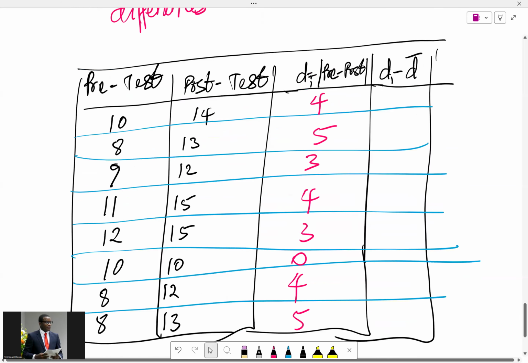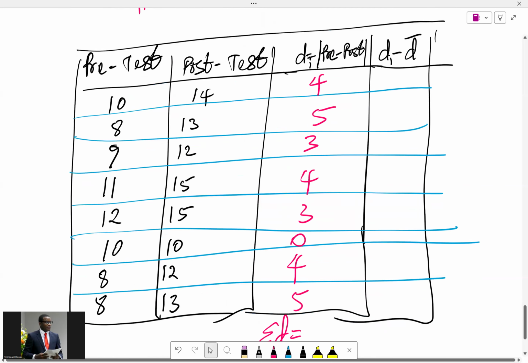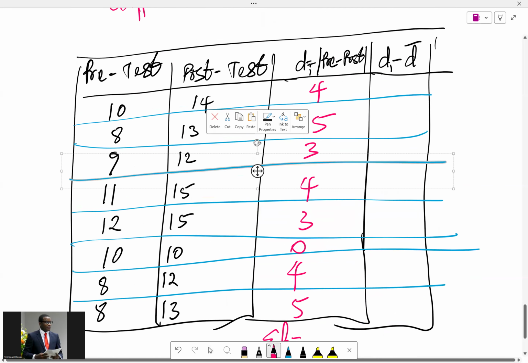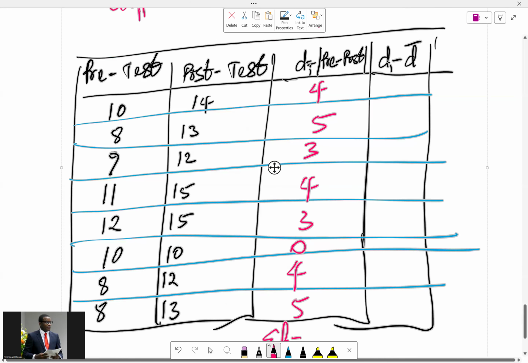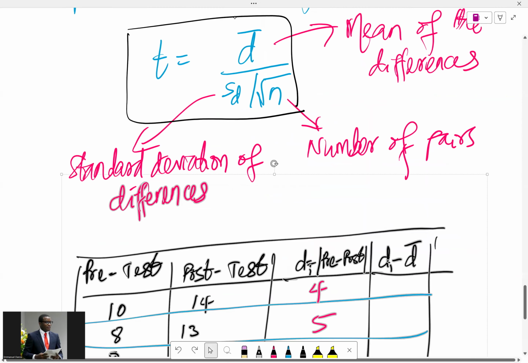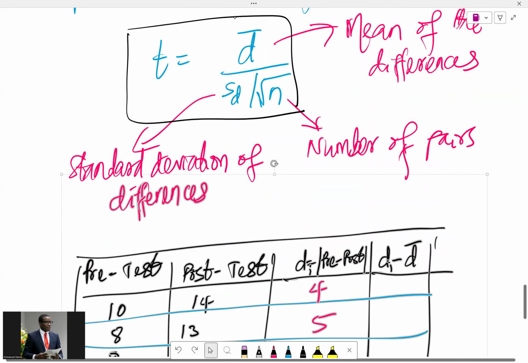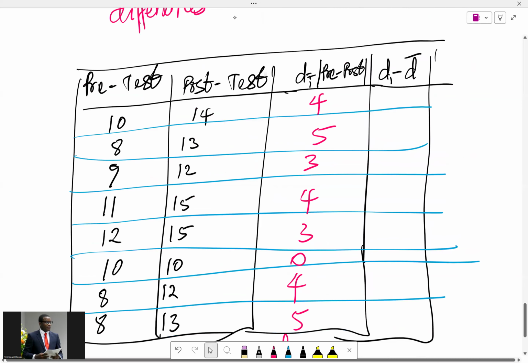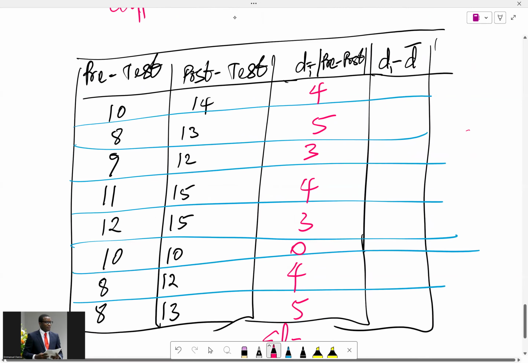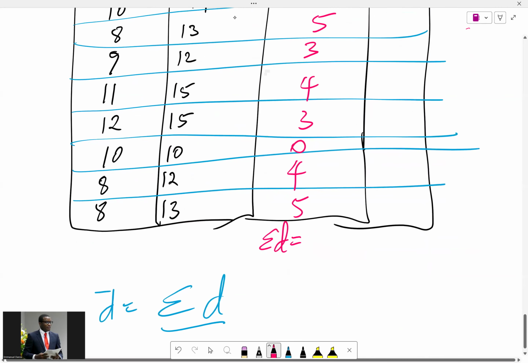Okay. So now we need the summation of all this. 4 plus 5 is 9. 9 plus 4 is 13. 13 plus 3 is 16.